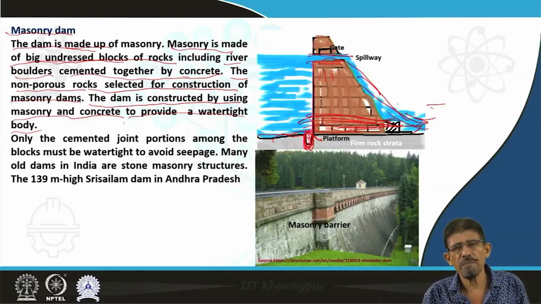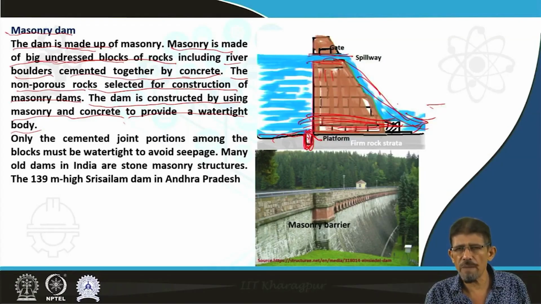What is the benefit here? This type of dam is long durable and simple in design. It requires a simple binder such as concrete or any suitable binder. The life of a masonry dam is more than the life of a timber dam, plastic dam, or even steel dam.